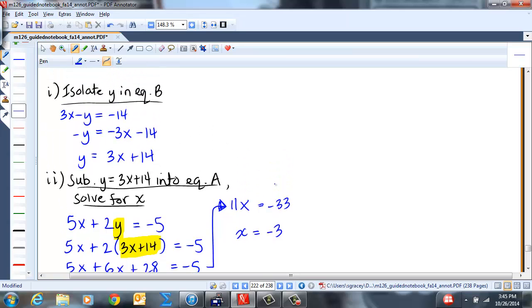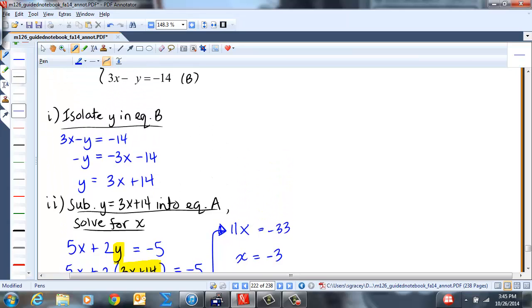So now we still need to find y. Coming back here, we're going to substitute x equal to negative 3 into equation A. You can do it to either equation. Why don't we just do equation A? This is going to allow us to solve for y.